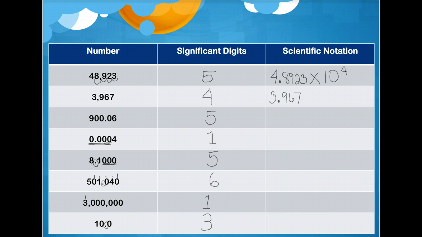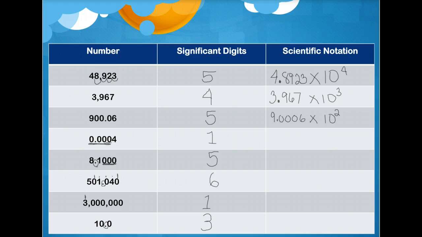3.967 times 10 to the 3rd power. Okay? So we're going to have 9.0006 times 10 to the 2nd power.